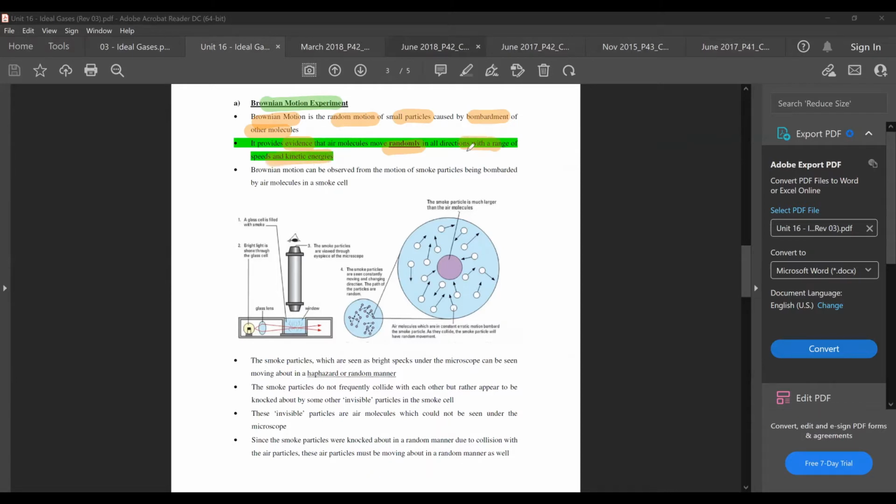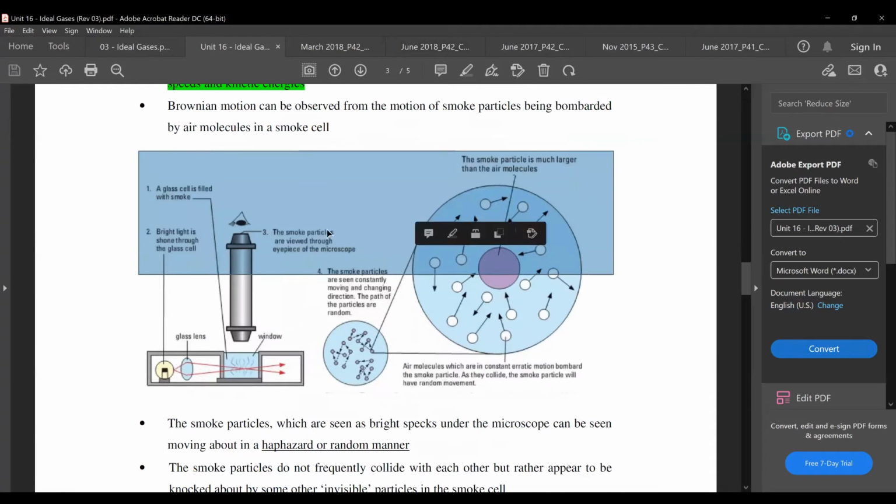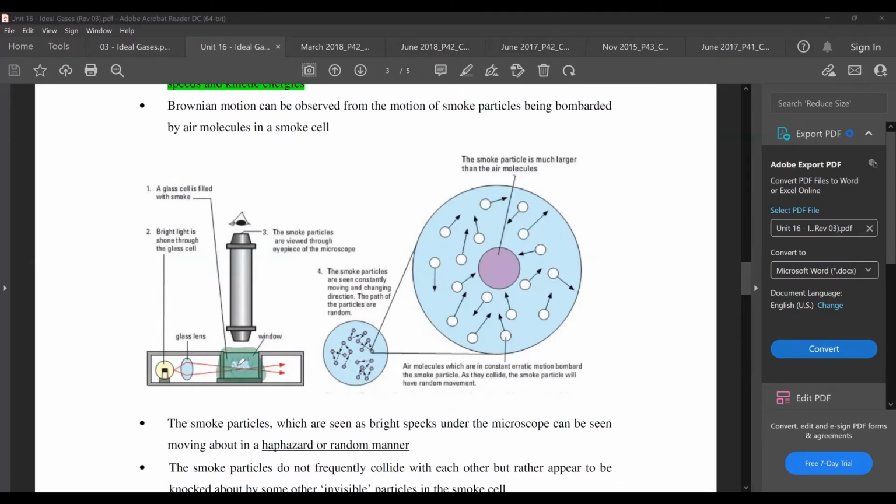When you're talking about Brownian motion, the example they always use is this. You trap some smoke particles inside a smoke cell. Maybe I better zoom this in. If they want to view Brownian motion, they have a smoke cell.